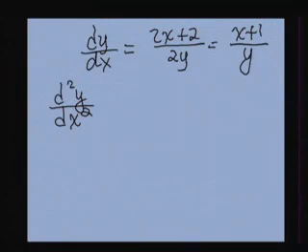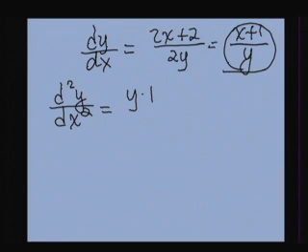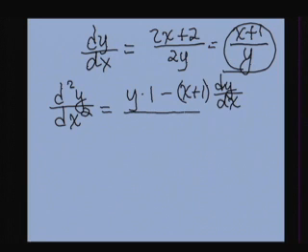On the other side, we have the quotient rule. So it's equal to the denominator times the derivative of the numerator, which is just 1, minus the numerator times the derivative of the denominator, so dy/dx, all over the denominator squared.